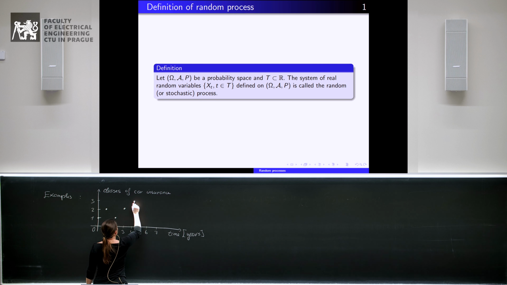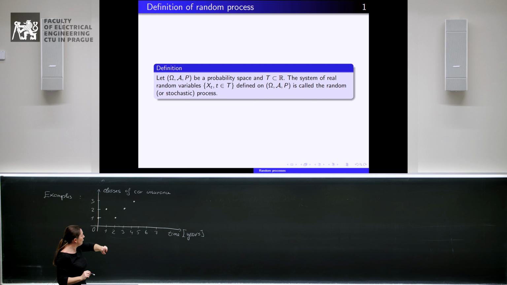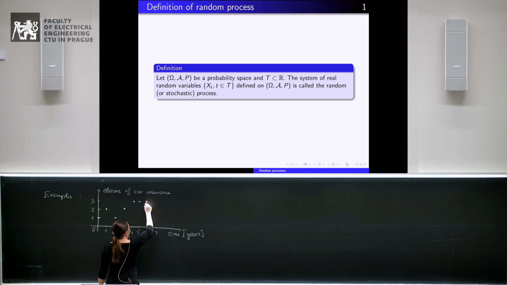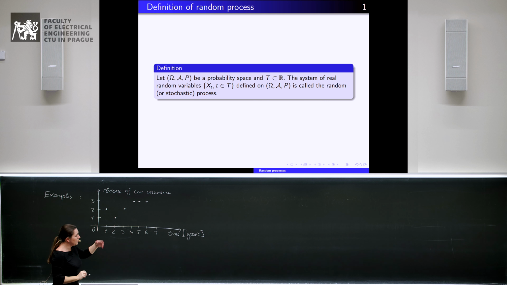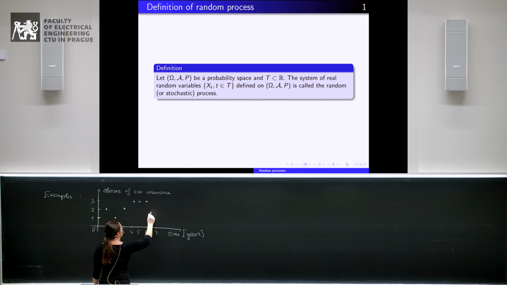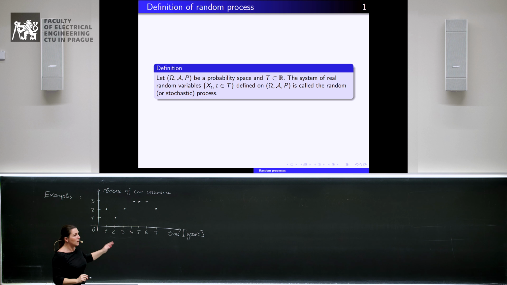Then the client jumps to the third class, and if he or she won't have an accident for the next years, he will stay in the third class, and it can happen that in the 6th or 7th year there will be again some accident, so he or she will fall, and so on. And so this is the example of a random process where the client jumps or falls down from one class to another class.